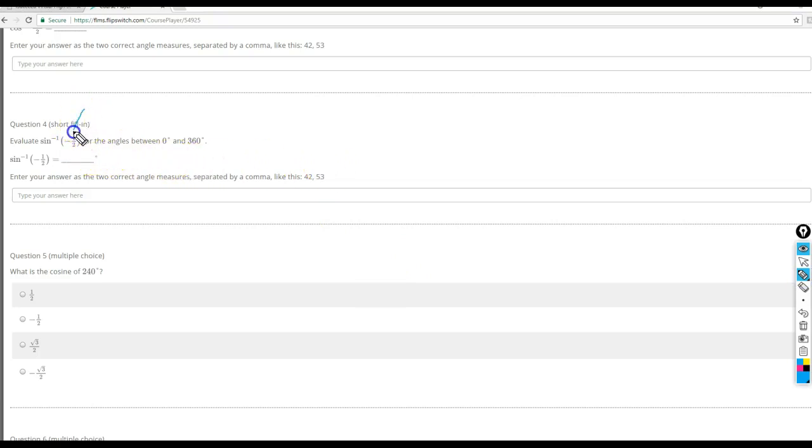So this is giving us the coordinate. So I'm thinking back in my mind, okay, where is the y coordinate negative 1/2 in the unit circle between 0 and 360 degrees? And a clue here is, since this is the y coordinate and it's negative, I know it's going to be in quadrant 3 and quadrant 4.